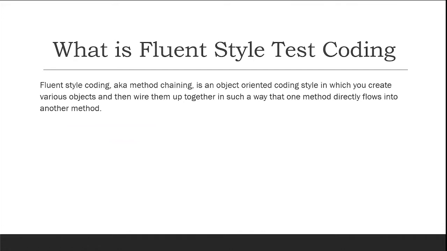Technically, Fluent style coding, which other people call method chaining, is an object-oriented coding style. You are creating objects and wiring them up together in such a way that one method flows directly into another method. So you can actually do method.method.method.method, etc. That is Fluent style coding.